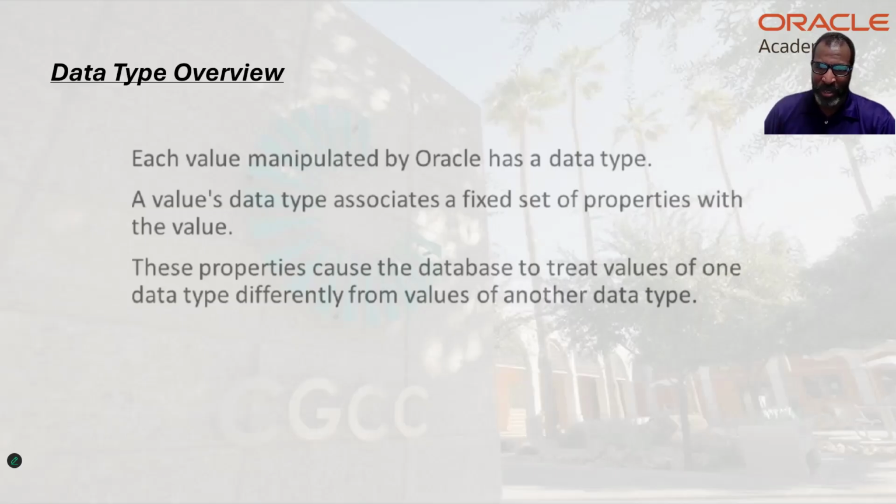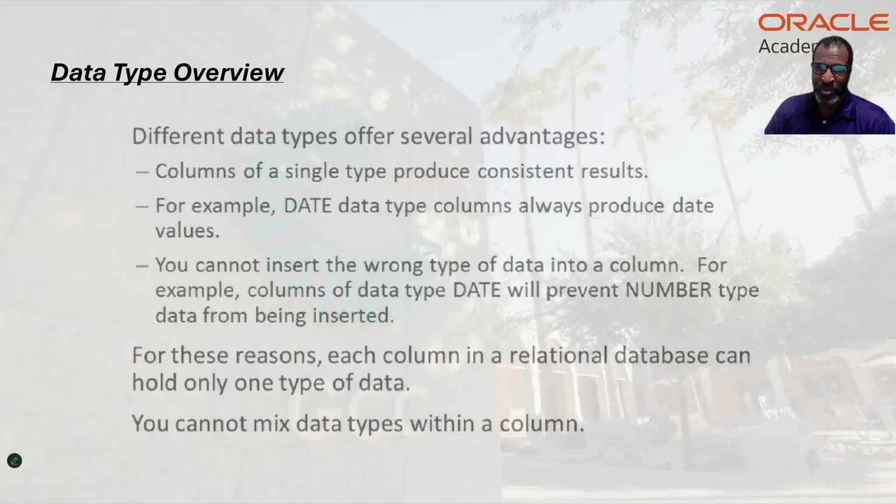Each value manipulated by Oracle has a data type. Basically all of your data is categorized in a specific data type. And we have three of the basic ones that you normally deal with: char, date, or number, and that's persistent across any relational database. So different data types have different advantages.